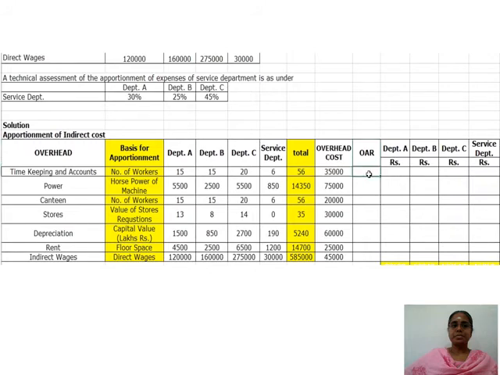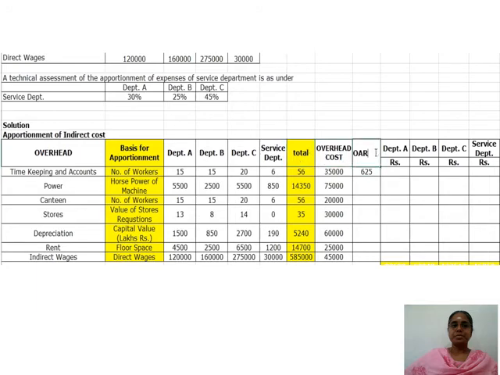The value there is 625. How would you have got that value? You get it by dividing the overhead by the total of the base. So here it is 35,000 divided by 50. The overhead apportionment rate is the overhead divided by the total.